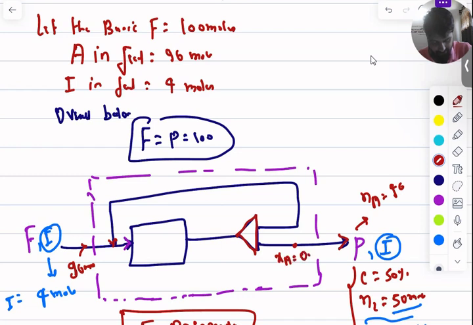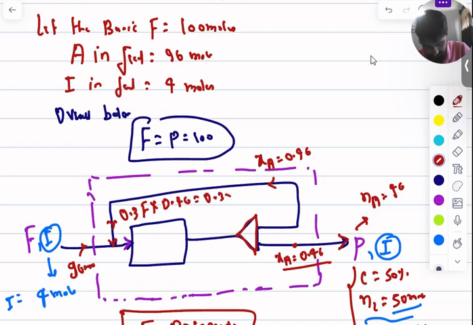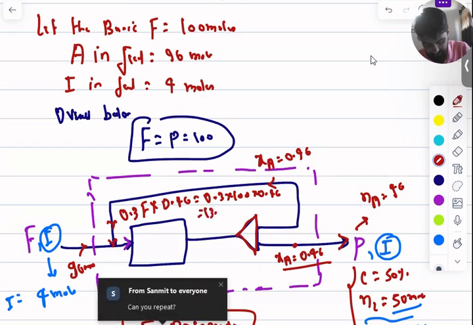Mole fraction of A will be 0.46. Is that clear? So the mole fraction of A here in the recycle stream will also be 0.46, right? So how much A is entering here? That is 0.3 F multiplied with 0.46, which equals 0.3 multiplied with 100 into 0.46. Is that clear? So that will give you 13.8.